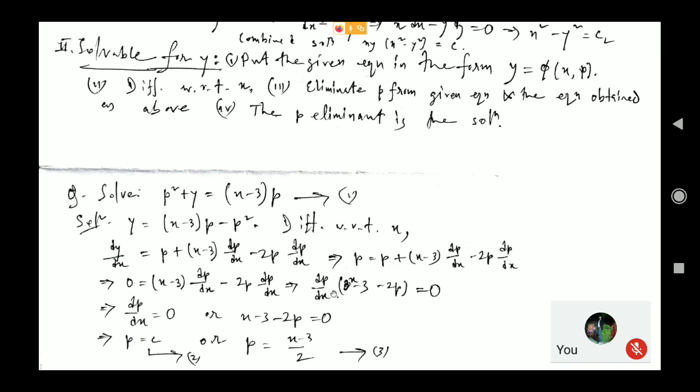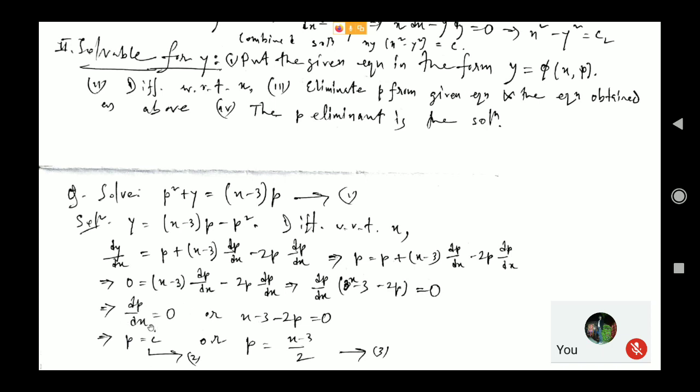So in the left hand side we are writing p and this same thing, so p and p here get cancelled. What remains is (x − 3) dp/dx − 2p dp/dx = 0. Now you take dp/dx common, so you have (x − 3 − 2p) dp/dx = 0. So now you have two cases, either dp/dx equal to 0 or this factor is 0.